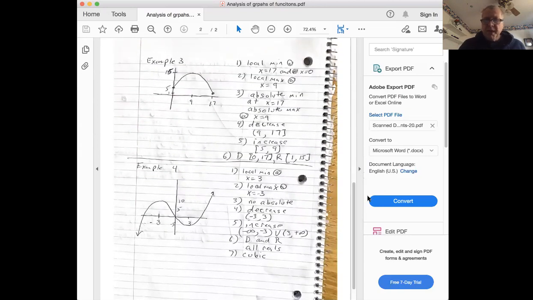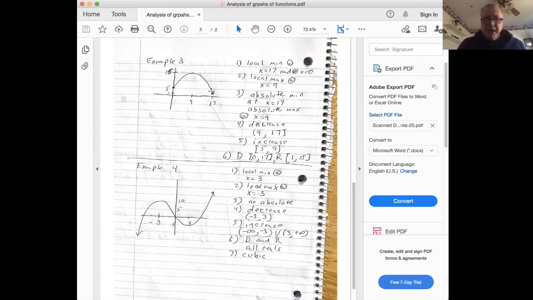For example 3, we cannot really determine what type of function it is. Okay? We don't know. We don't have enough of the picture. But we do know that it's a closed and bounded function. Any function that starts and ends at a specific point is closed. And as long as it doesn't go up, up, up forever or down, down, down forever, it's bounded.